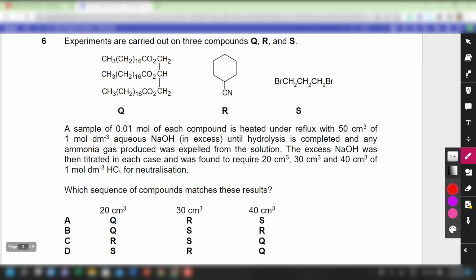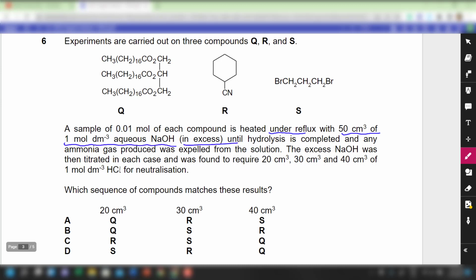Next we are going to look at question 6. For question 6, we have experiments carried out on three compounds, Q, R, and S. We have to take note of what these compounds are. Q contains 3 ester groups, R contains a cyano group, and S contains 2 bromo groups. The question is, a sample of 0.01 mole of each compound is heated under reflux with 50 cubic centimeters of 1 mole per dm cubed sodium hydroxide.